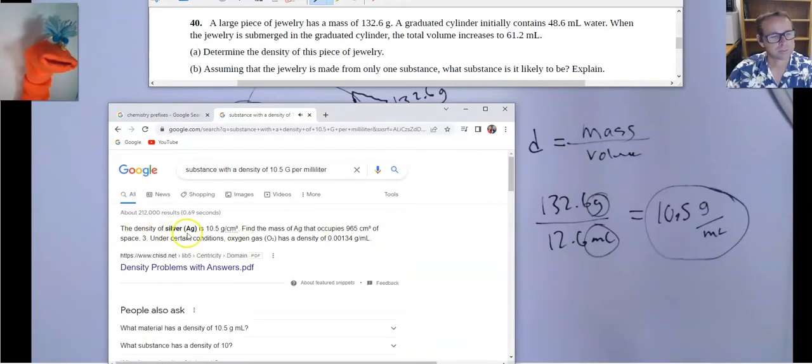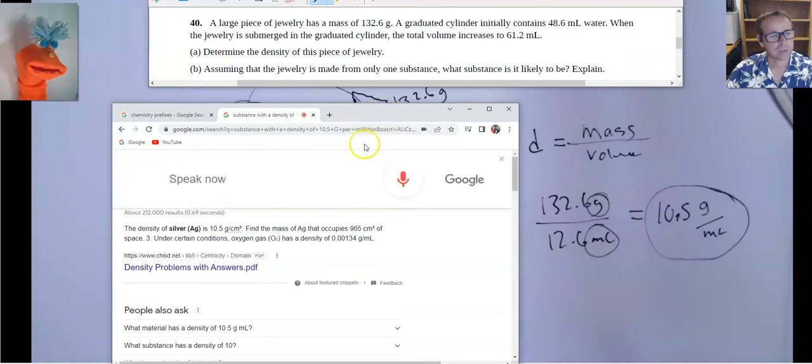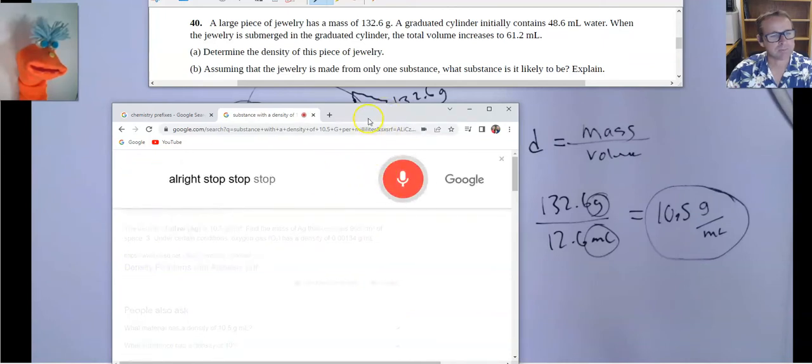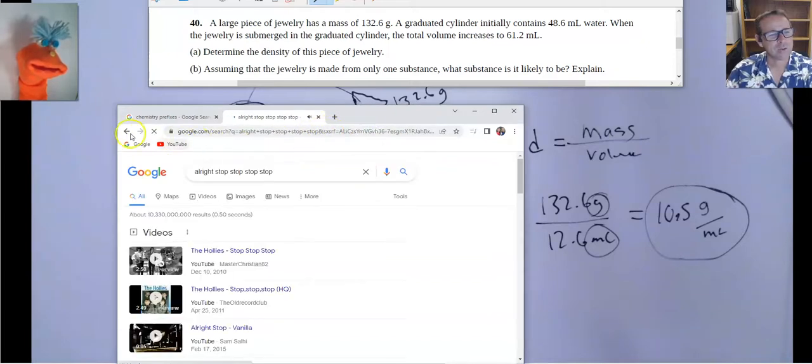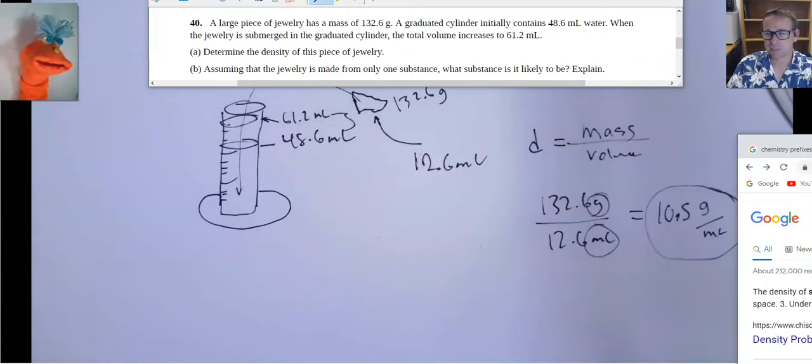According to the website, the density of silver is 10.5 grams per cc. So it says, I mean, it's silver, right? It looks like it's silver. Now, it might be something else. There are other materials that might have the exact same density, but it looks like this is silver.